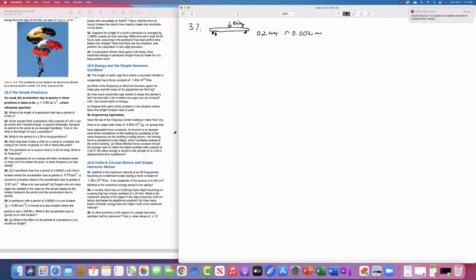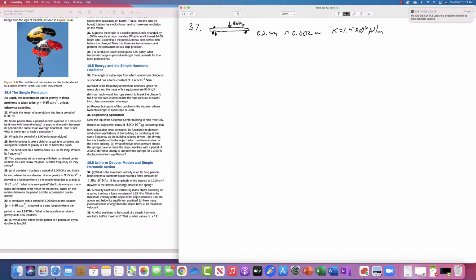And the question here is, if this is moving like this, 0.2 of a centimeter, bouncing up and down with this person on it, and it has a force constant of 1.5 times 10 to the 6th newtons per meter, what is the maximum velocity that this thing is moving at any particular time? As you know, when it reaches the top, it stops. When it reaches the bottom, it stops. In the middle, it has a maximum velocity.